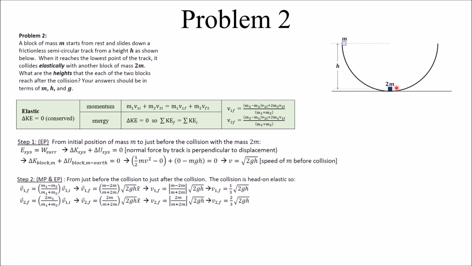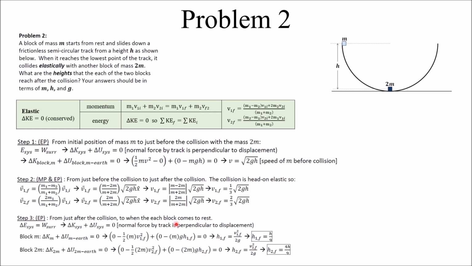And now, because they're traveling at different speeds after the collision, they're going to get to different heights because they have different amounts of kinetic energy after that collision. So we will go to step 3 and say, okay, block 1 is going to have this amount of speed, so we plug that in for the kinetic energy.